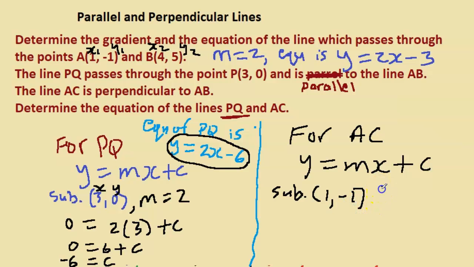And the m value, the gradient: we are told that the line AC is perpendicular to AB. So what would be the gradient for AC? What do we know about perpendicular lines again? If two lines are perpendicular, one of them is a negative reciprocal of the other. So for AB, m is 2 over 1. So for AC, it will be negative a half.